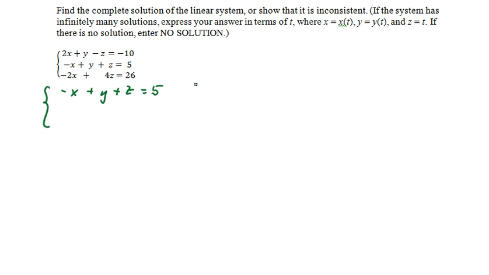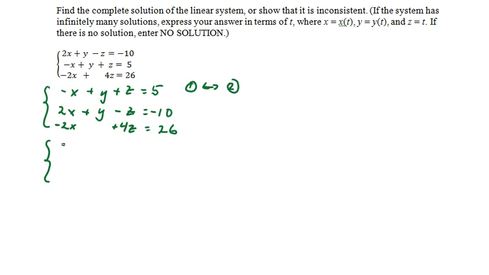So I interchange equations 1 and 2. And so my second equation is now 2x plus y minus z equals negative 10. And my last equation, negative 2x plus 4z equals 26.